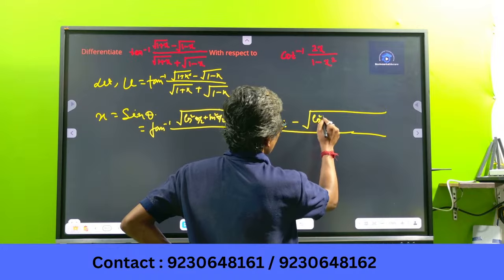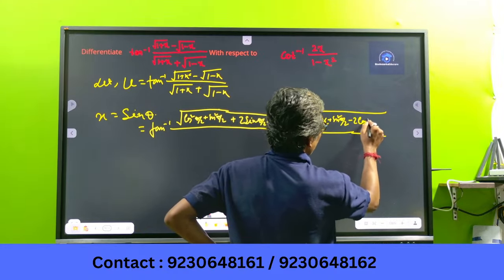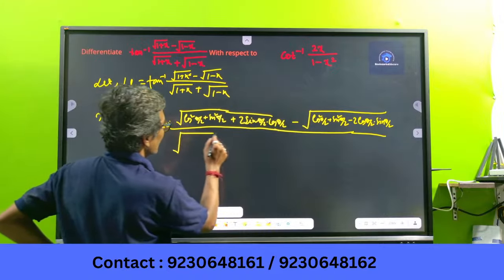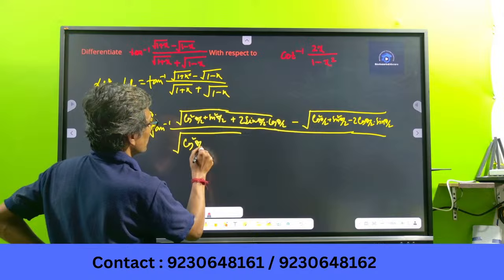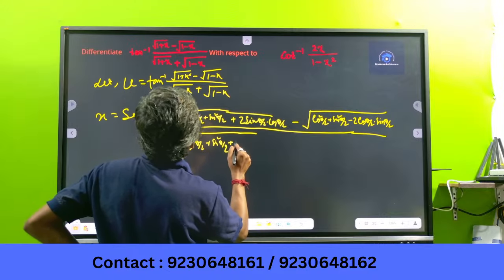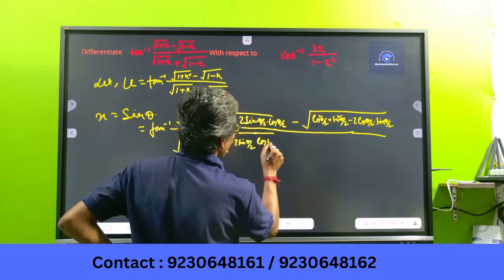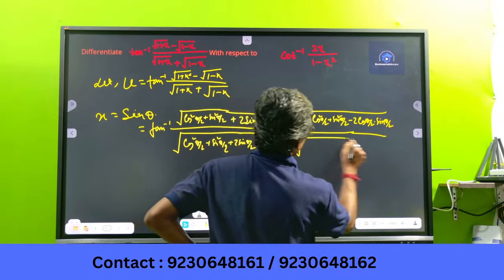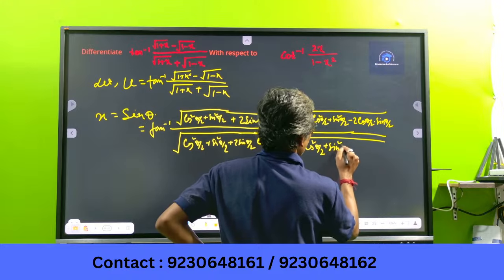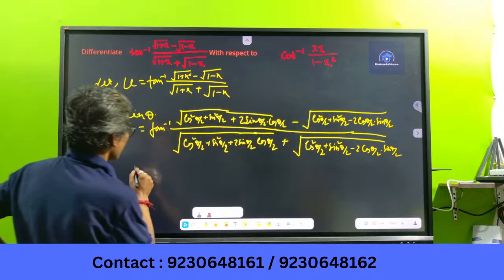So cos square theta by 2 plus sine square theta by 2 minus 2 cos theta by 2 into sine theta by 2, by cos square theta by 2 plus sine square theta by 2 plus 2 sine theta by 2 into cos theta by 2 plus cos square theta by 2 plus sine square theta by 2 minus 2 cos theta by 2 into sine theta by 2.